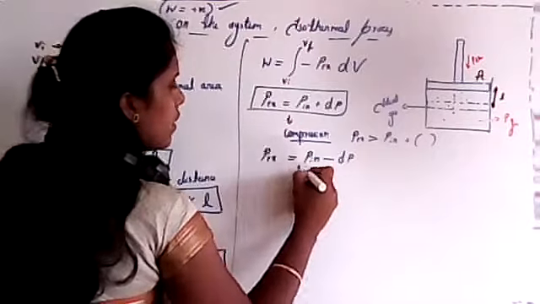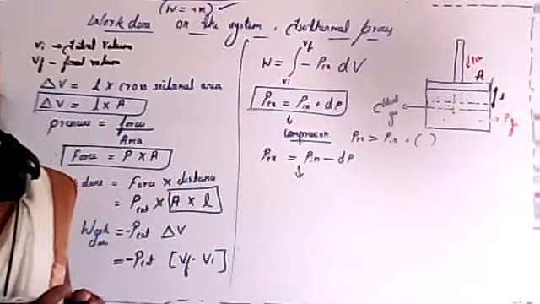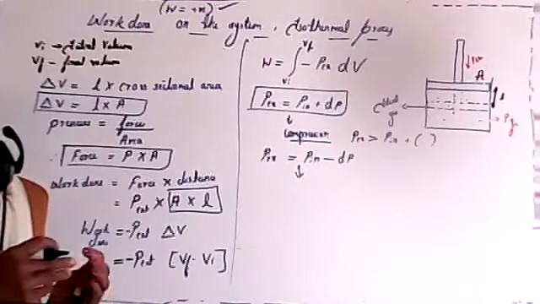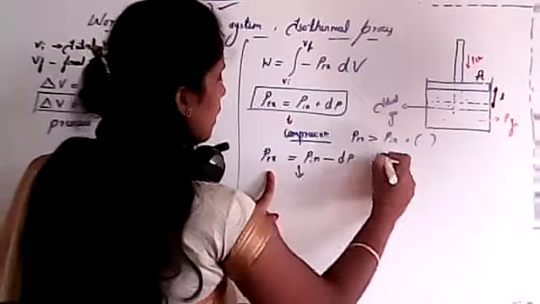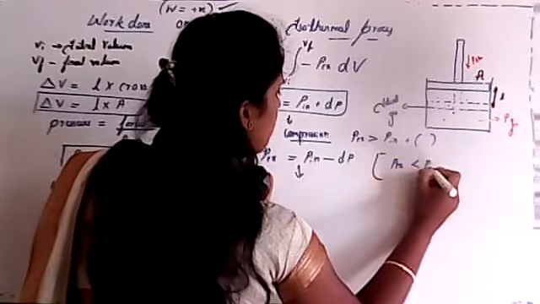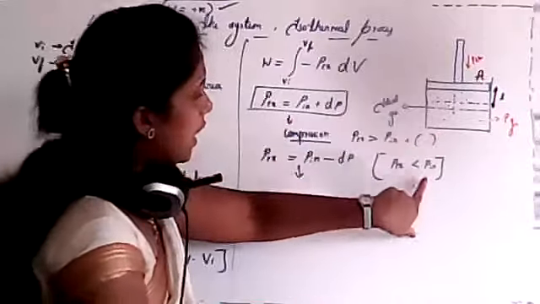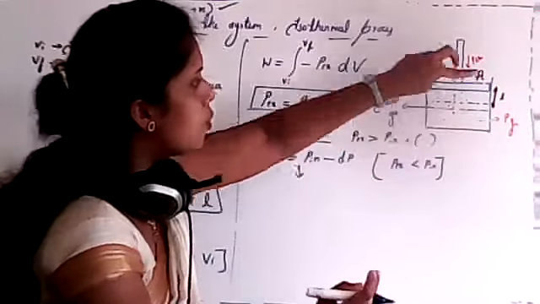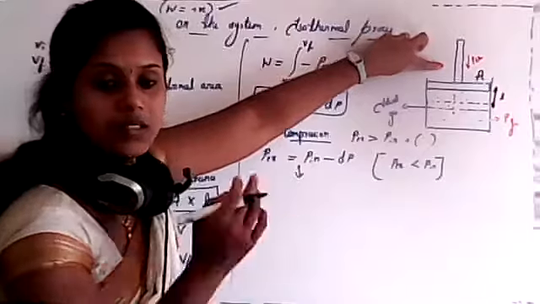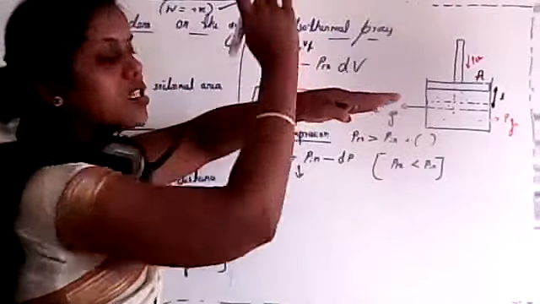So what will the system be, expansion or compression? It is expansion. See, P external is less than P internal. Just imagine, student, internal pressure is more than external pressure.